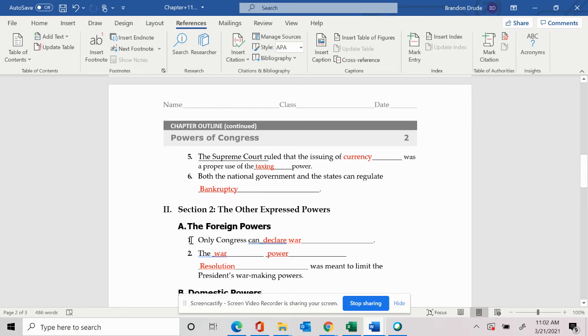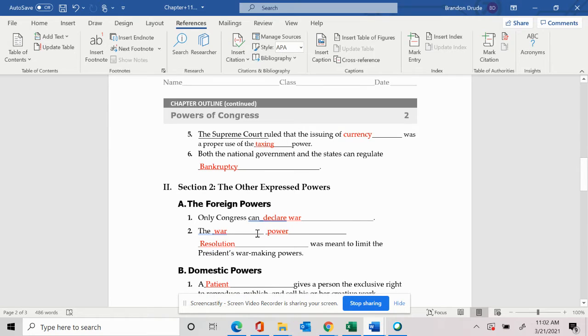In Section 2, it's the other express powers. Congress is the only branch that can declare war with another country. Now, the president used to have a lot more power with the military than they do today. They could deploy troops wherever they wanted all the time without really a reason or permission from Congress.